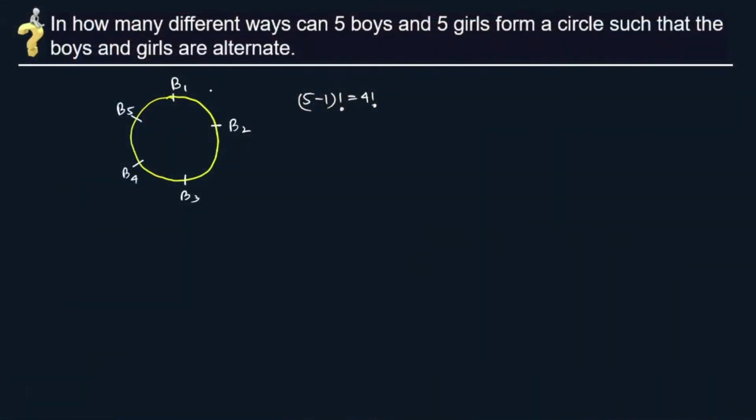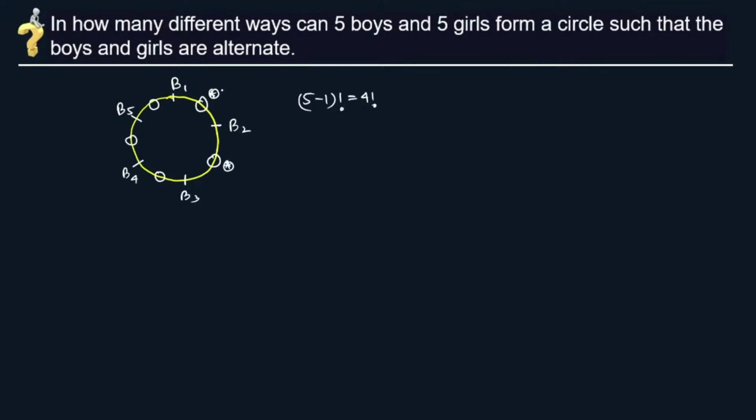Why? Because the moment the boys take their places, whatever seats are vacant in between are now defined. Let us say these are the 5 seats in between. Now this seat is different from this seat. Why?